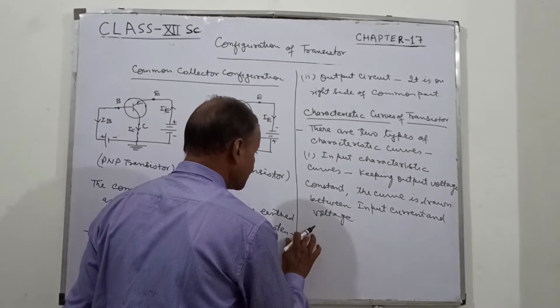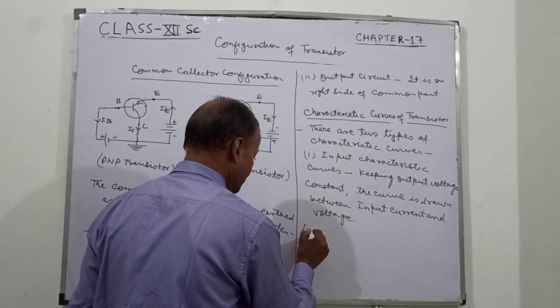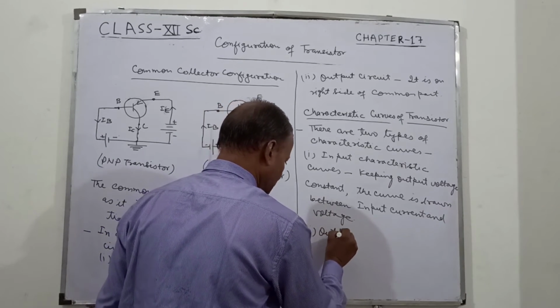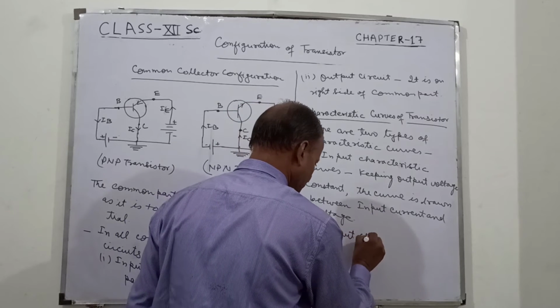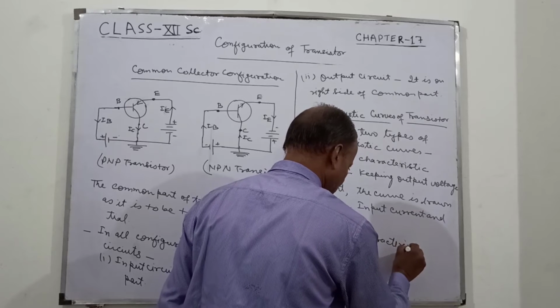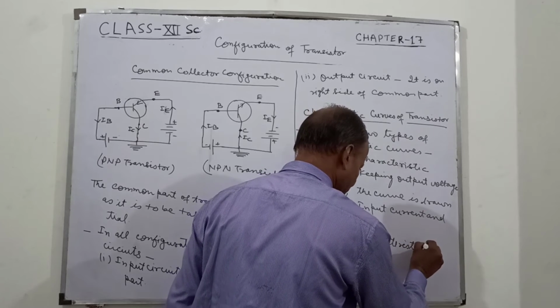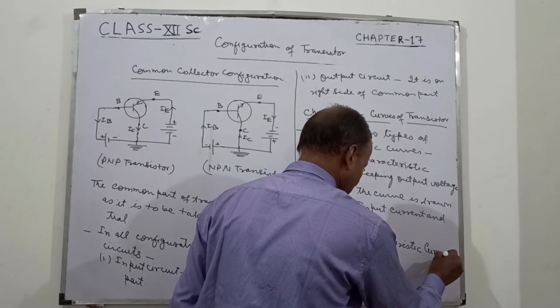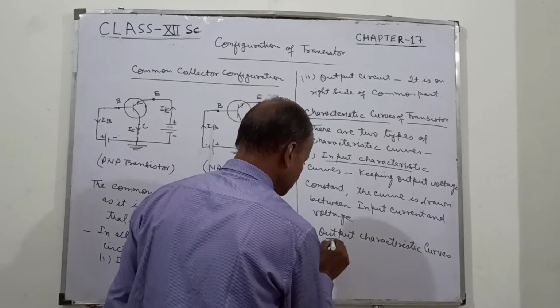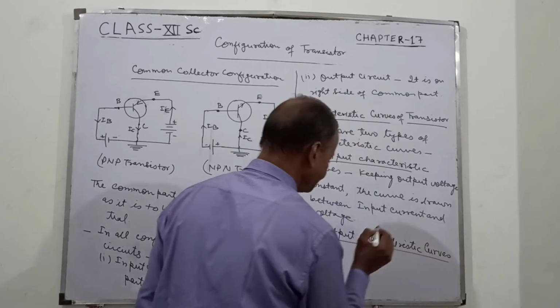And now second type of characteristic curve, the output characteristic curves. This is the input characteristic curve. This is the output characteristic curve.